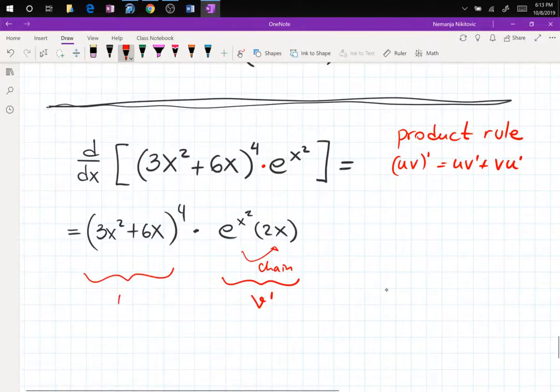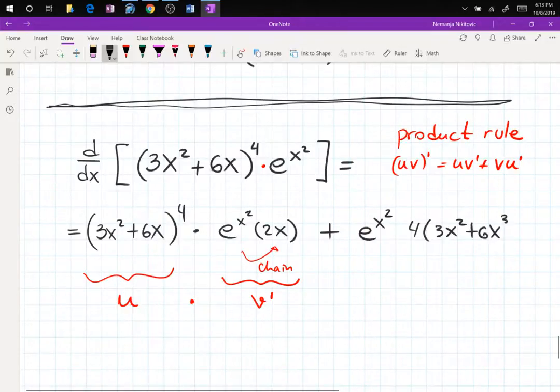So this is copy u times v prime, but the derivative of v now had the chain inside. Plus copy the second, which is e to the x squared, times the derivative of the first. Well, the derivative of the first is going to be 4 times (3x squared plus 6x) to the 3, right?